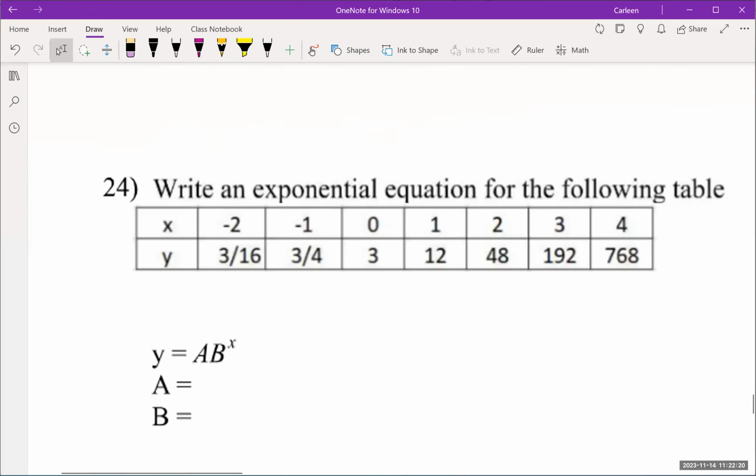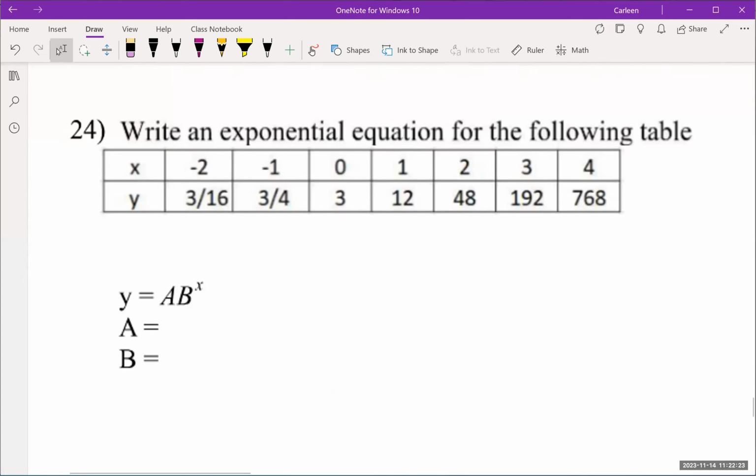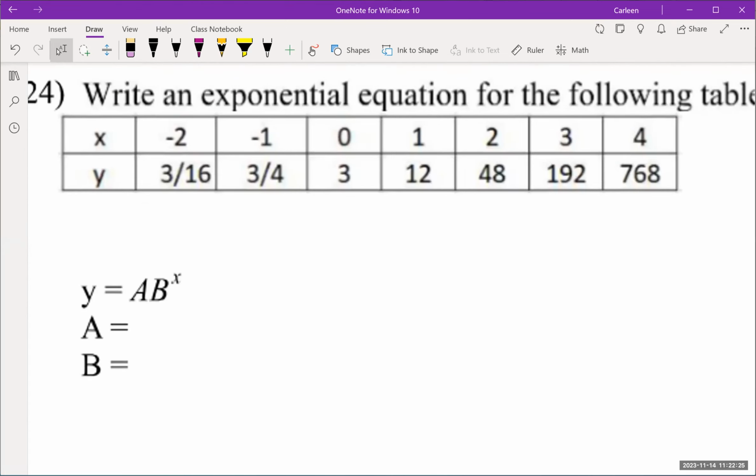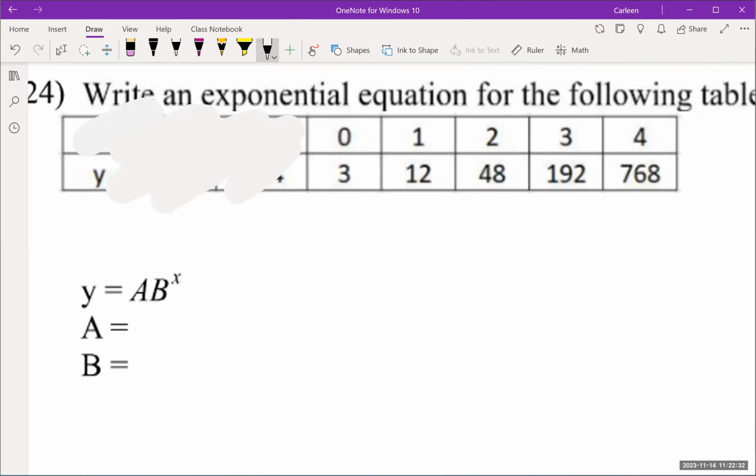Okay. Last one. Let's talk about exponential equations. First, let's ignore that side. Okay, so what do we notice? We're going to call this r equals 4. Does everyone see that we're multiplying by 4?